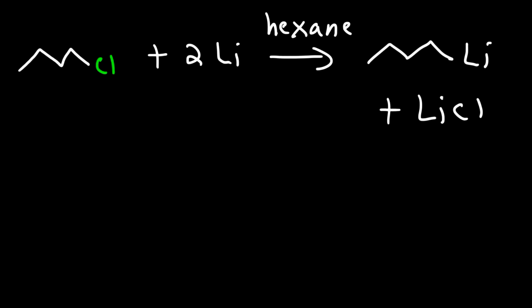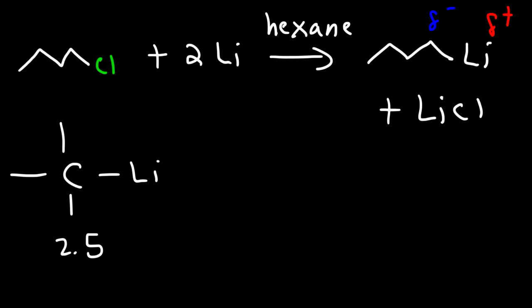So here we have another carbon-metal bond. So lithium has a partial positive charge in this case, and carbon, being more electronegative than lithium, has a partial negative charge. So if we analyze the carbon-lithium bond, carbon has an electronegativity value of 2.5, and lithium is about 1.0.